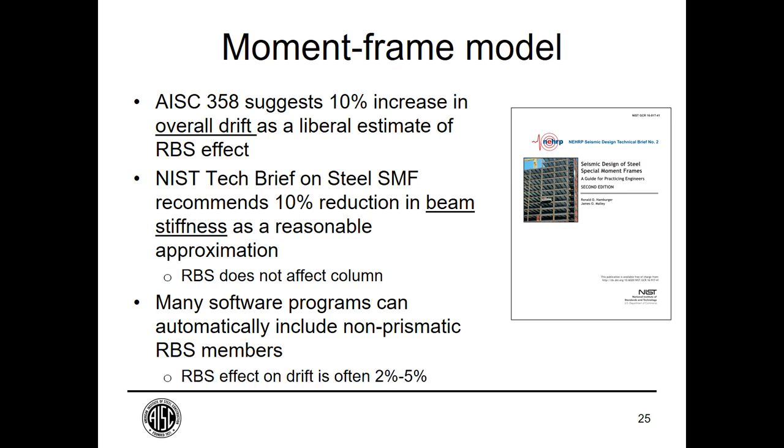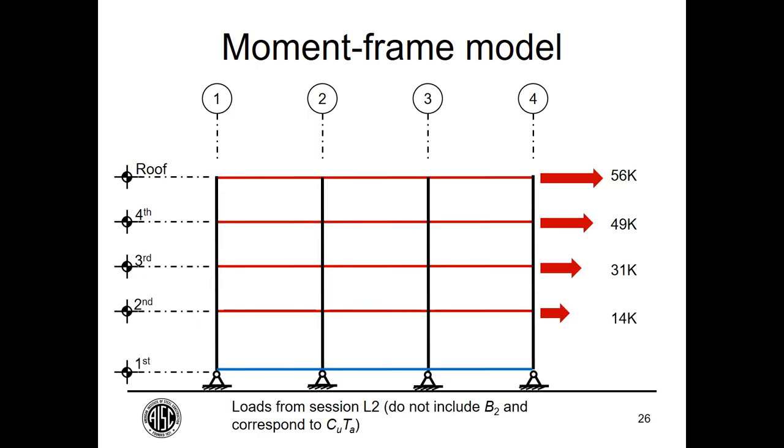If you do that, you will find that the RBS effect on the drift is often in the neighborhood of 2 to 5% rather than in the neighborhood of 10% as the AISC 358 suggests. So this is a very conservative assumption and not one that I would recommend. The NIST tech brief assumption of reducing the beam stiffness by 10% is itself a little conservative, but reasonable. And if your software can do it directly, by all means have your software do it directly.